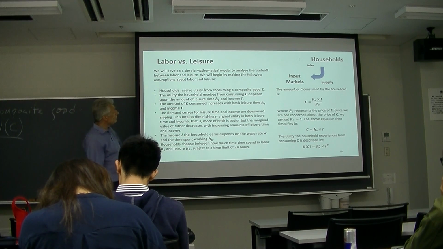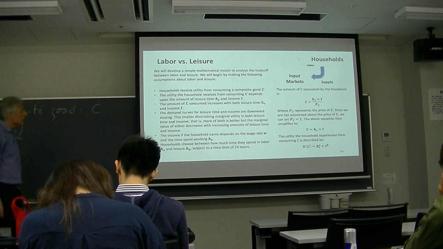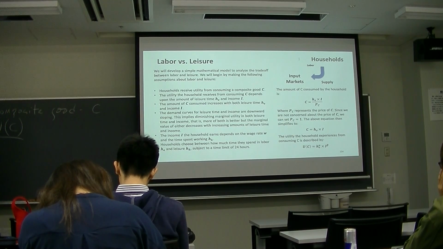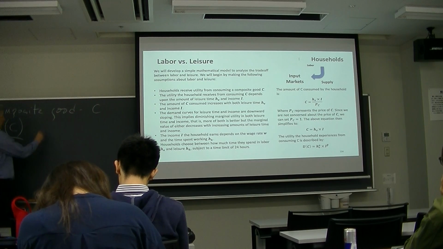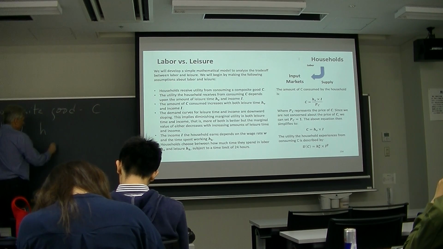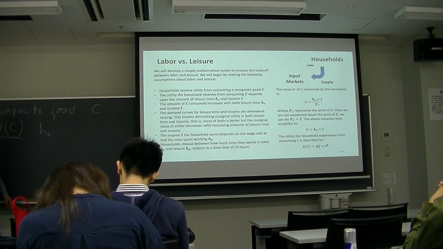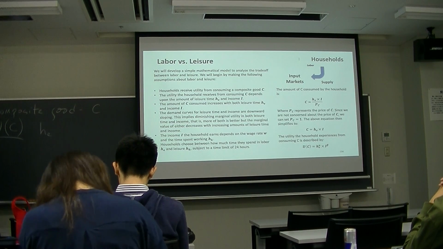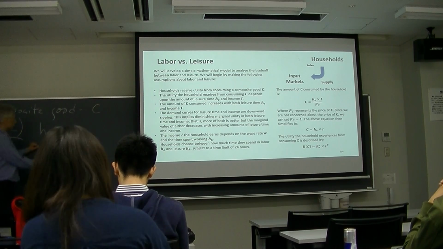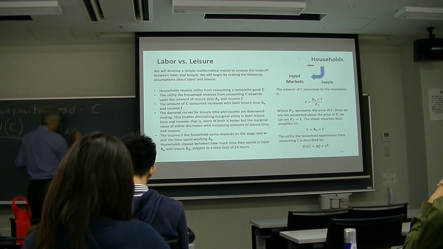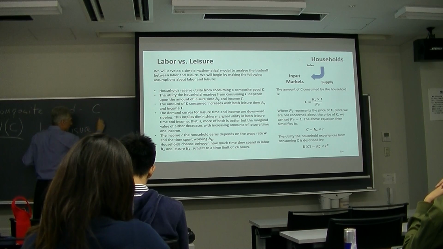So the utility it receives from consuming C depends upon the amount of leisure time and the income. We'll call leisure time H, for hour, and put a little E for leisure. I chose the letter E. So that's H_E, that's leisure time, in hours.